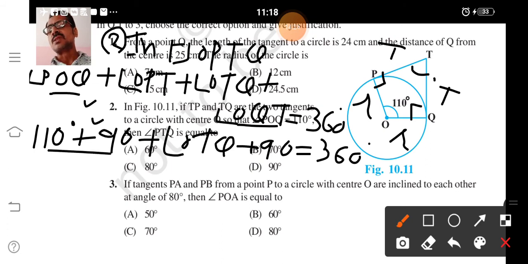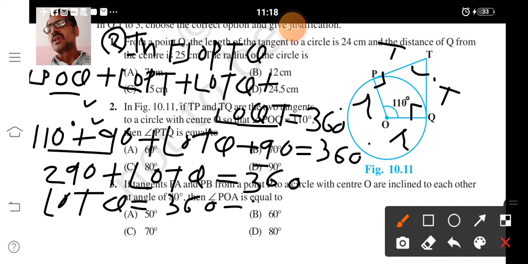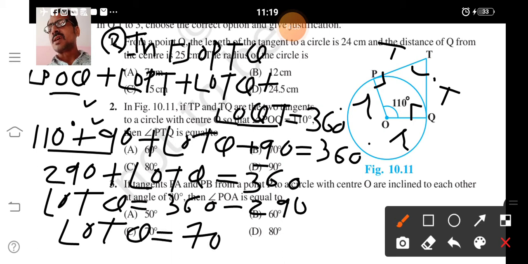Add all these numbers. 90 plus 90, 180. 180 plus 110, 290. 290 plus angle OTQ equals 360 degree. So angle OTQ will be 360 minus 290. It will be 70 degree. Clear?